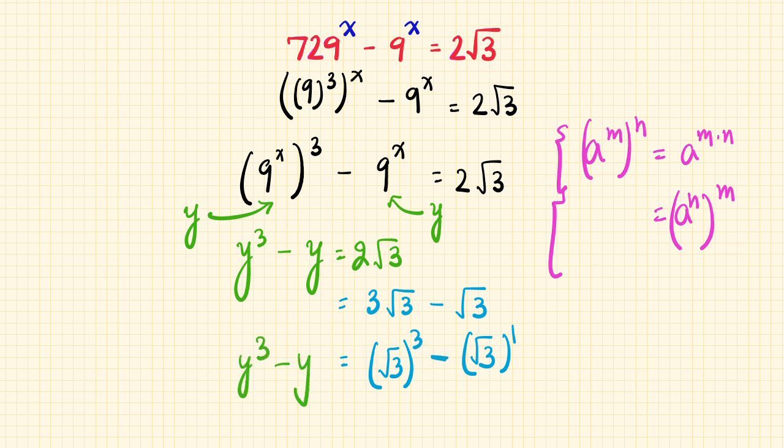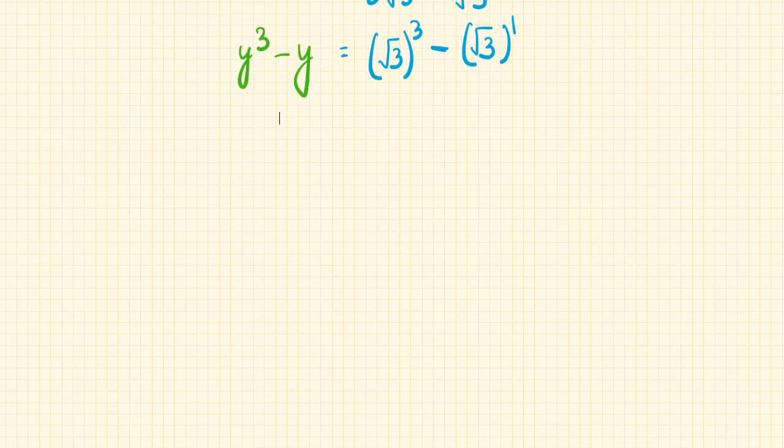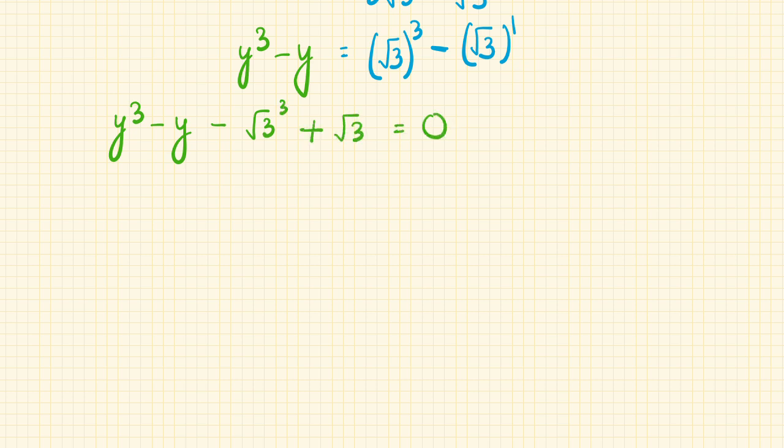Now from here, we can easily take everything on the other side. So let's continue: y cubed minus y minus root 3 cubed plus root 3 equals 0, right? Now it's a cubic equation.